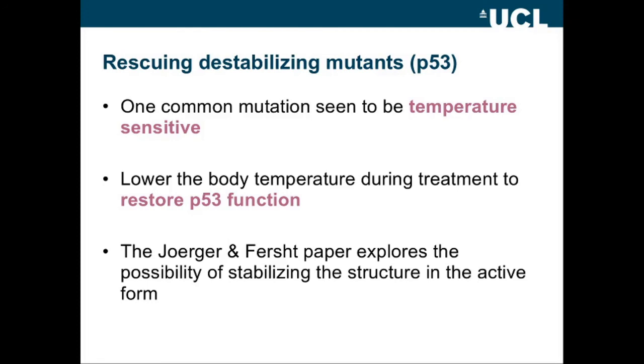Now, the Jurger and Furcht paper that I asked you to download explores the possibility of stabilizing the structure into the active form by using a drug that would bind to the protein and hold it in that form.